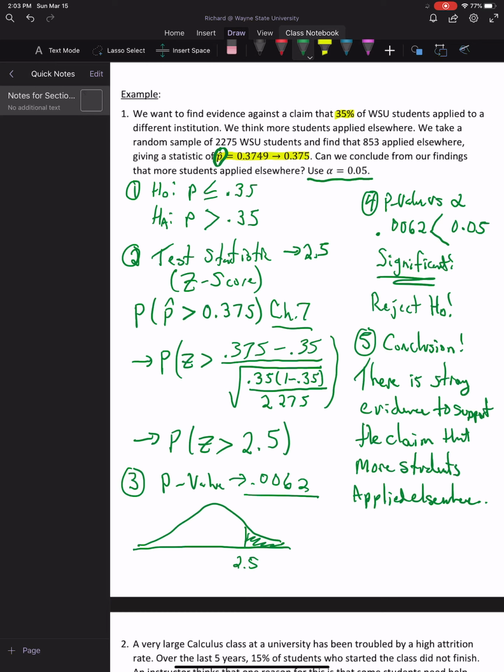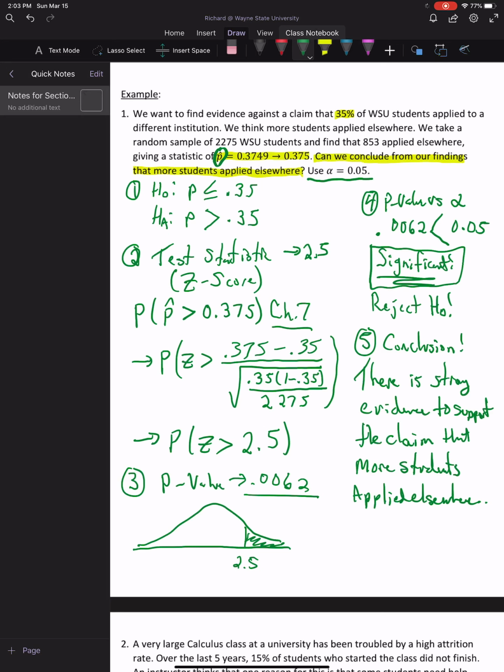Okay, and so again, that answers the question that was posed: can we conclude from our findings that more students applied elsewhere? And the answer is yes, we do have some evidence to support that particular claim. And again, the reason is because that p-value was less than alpha, which means it is significant. That's the good news.